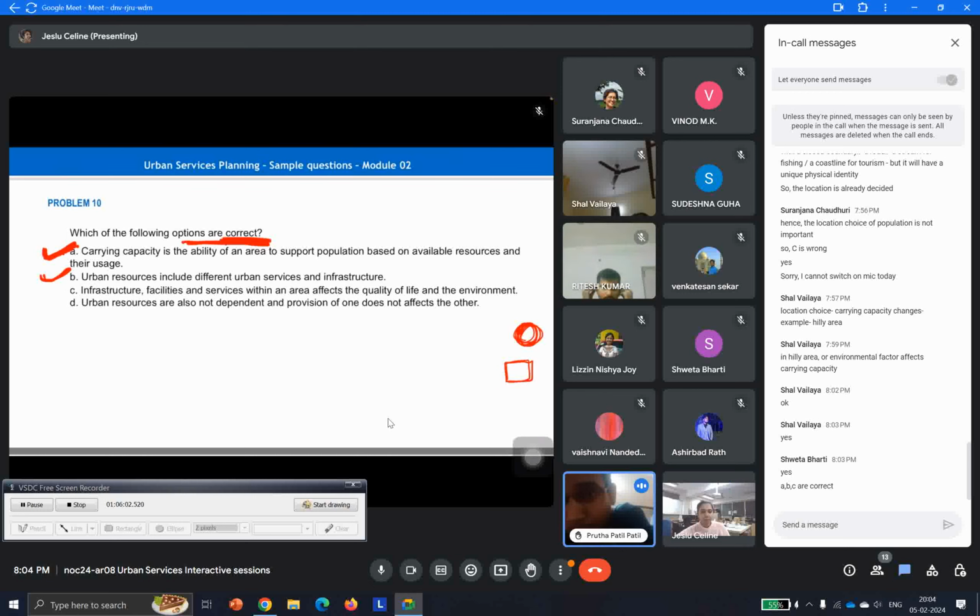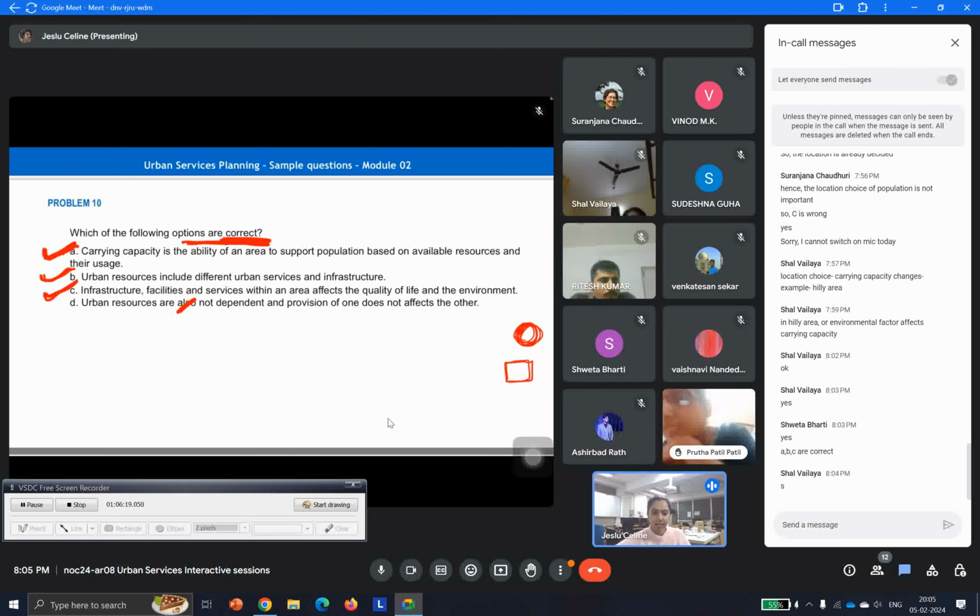Now, last one, I think this also is creating confusion. Urban resources are not dependent, and provision of one does not affect the other. Is that a correct statement? According to Shweta, it's not a correct statement. Anybody else who feels it's not a correct statement?